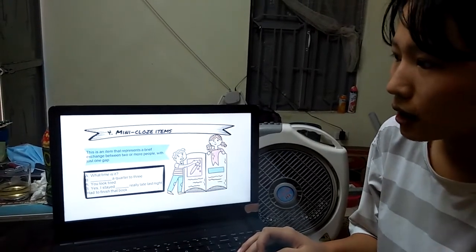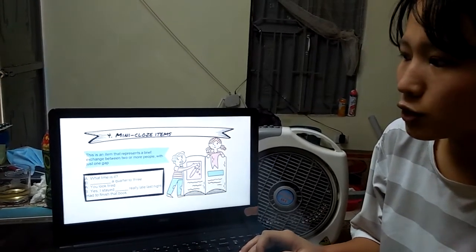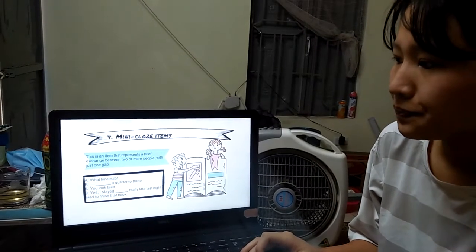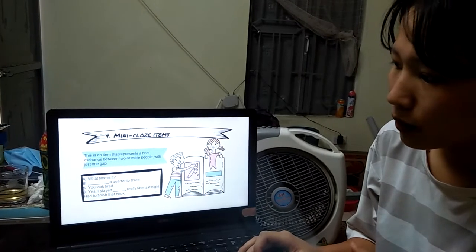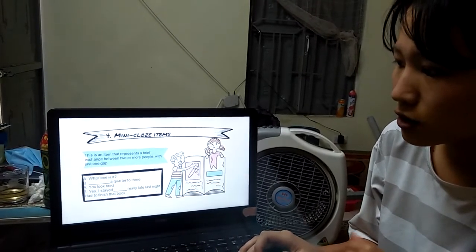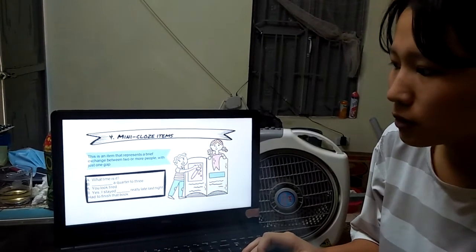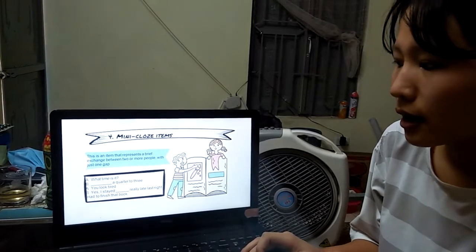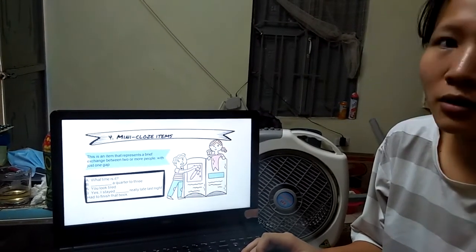This is an item that represents an exchange between two or more people with just the gaps. This example: what time is dot dot dot, a quarter to 3. You look tired. Yes, I say dot dot dot really. Late last night, had to finish that book.